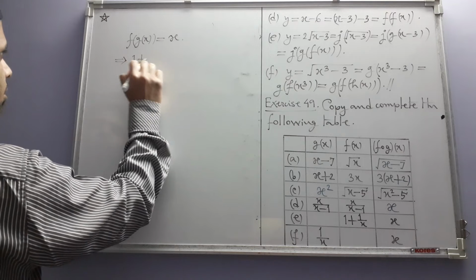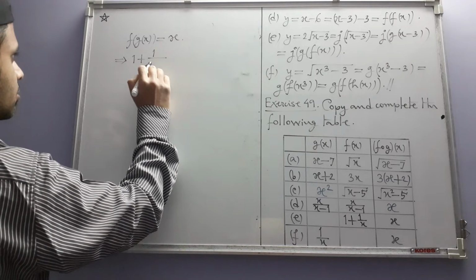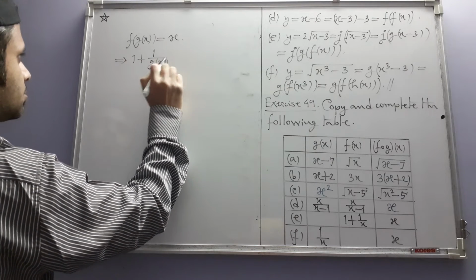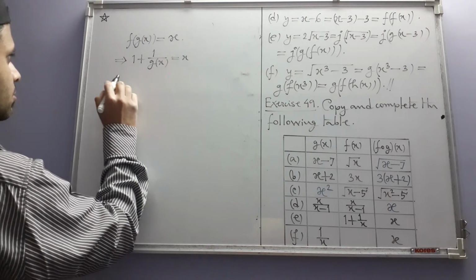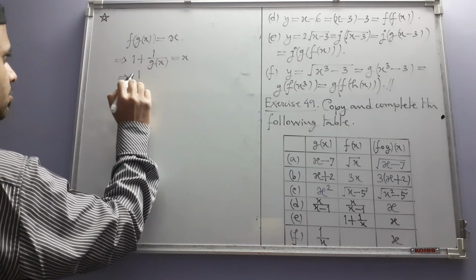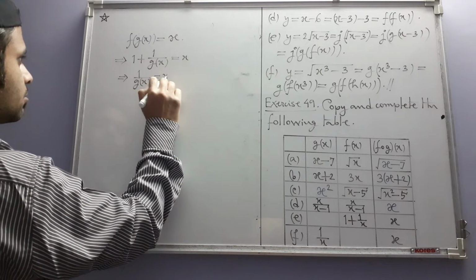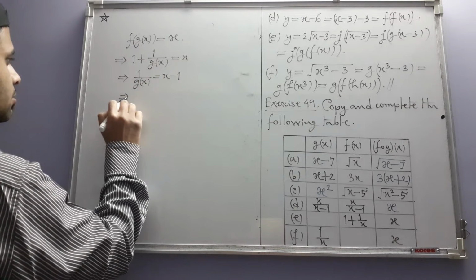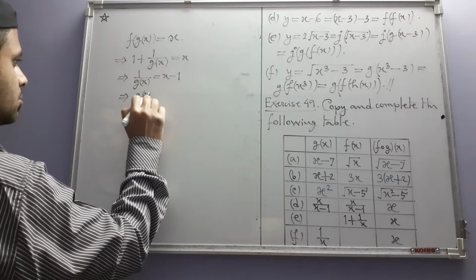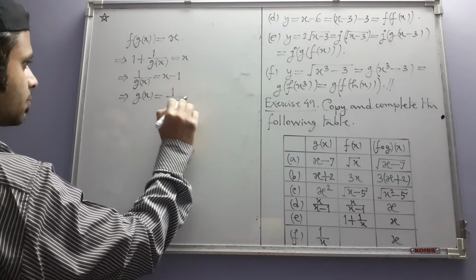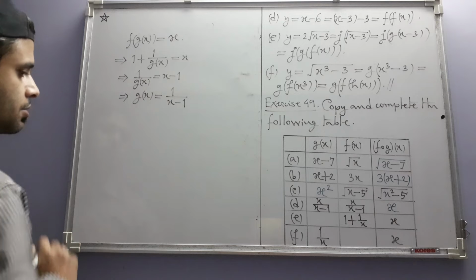So 1 plus 1 over g(x) is equal to x. That means 1 over g(x) is x minus 1. So g(x) should be 1 over x minus 1.